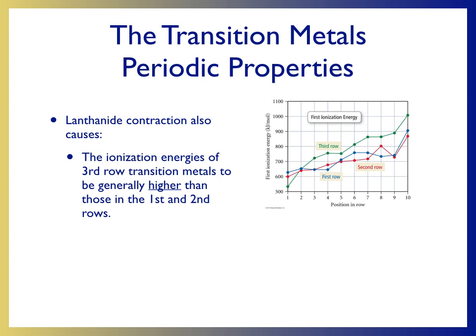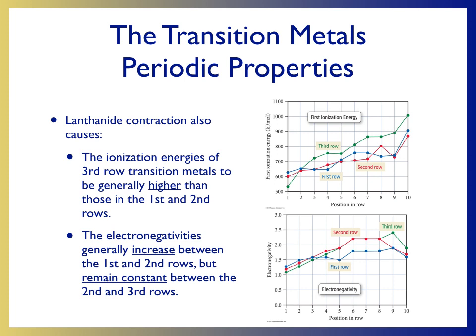This is very different from what we see with main group elements, where the ionization energy actually decreases as you move from top to bottom down a group. Again, this is due to the lanthanide contraction. Since the atom is holding the electrons more tightly due to the higher effective nuclear charge, it's harder to ionize the outermost electrons.